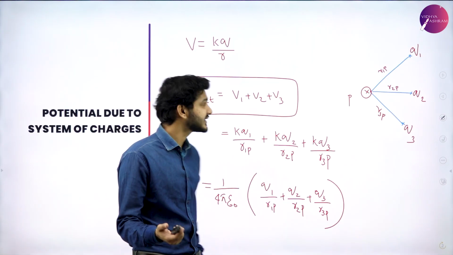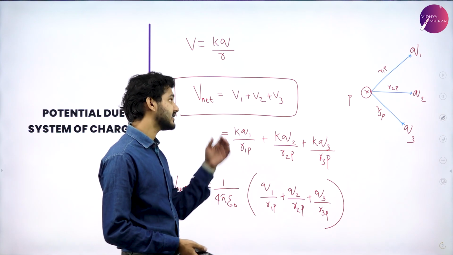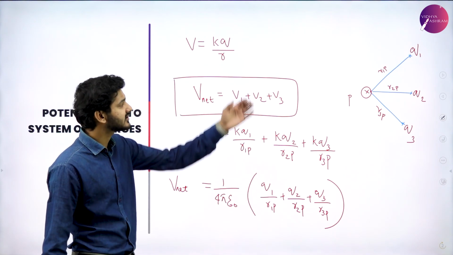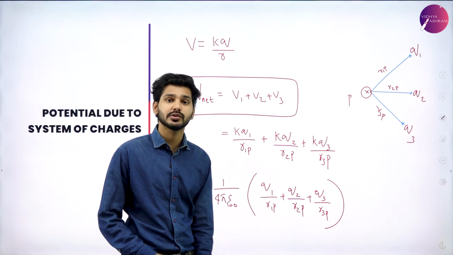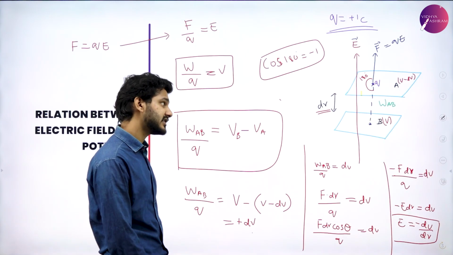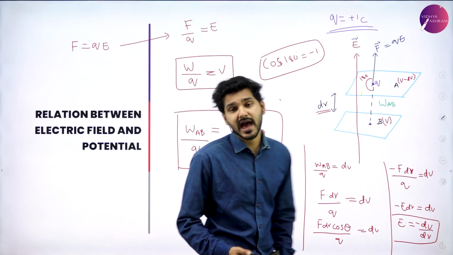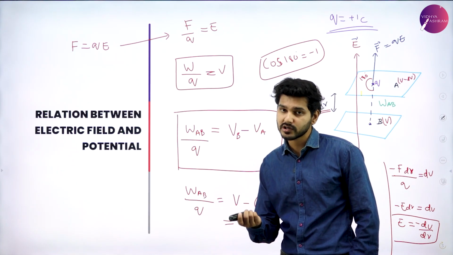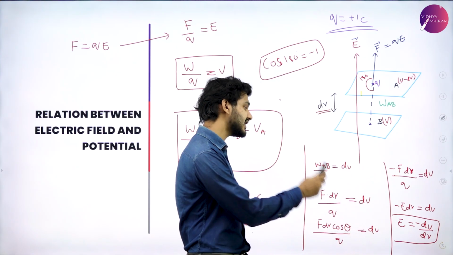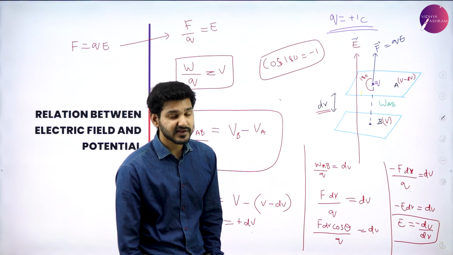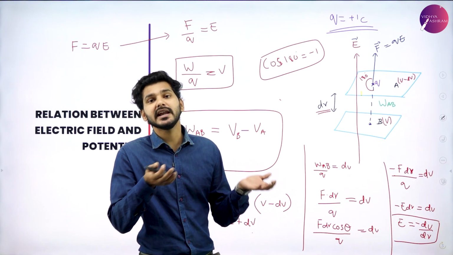So to summarize, we discussed potential due to a system of charges, and it was shown clearly that if there is a system of charges, you add the individual potentials and you will get the potential due to the system of charges. And later we discussed the relation between electric field and potential, and we found that the electric field was equal to the negative of the potential gradient. dV by dr, or dV by any quantity generally, is known as a gradient.